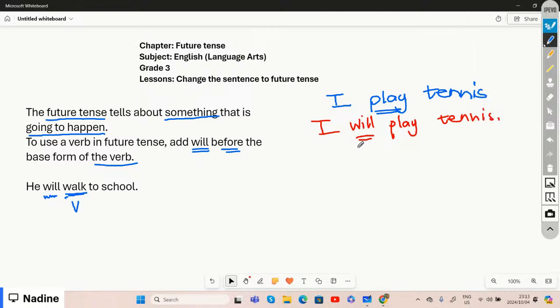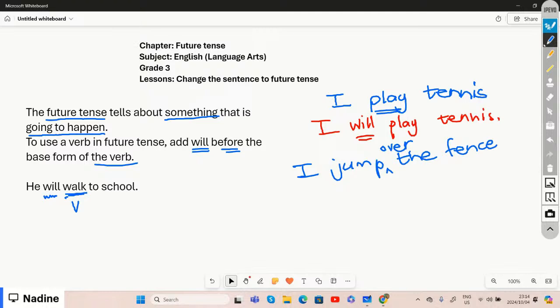All right, I'm going to give you another sentence. I jump over the fence. How are we going to write that and change it to a future tense?